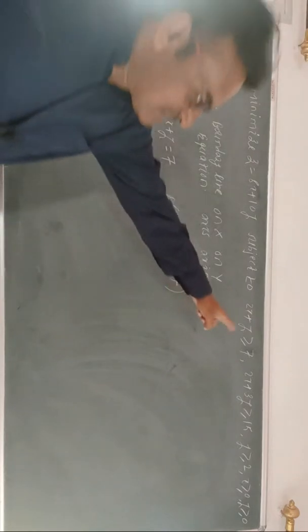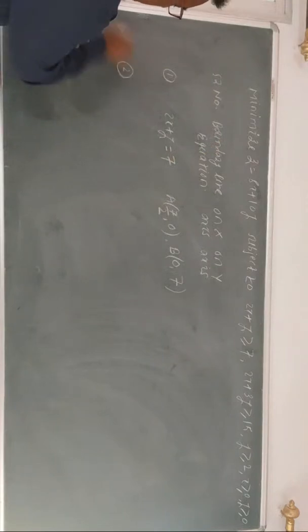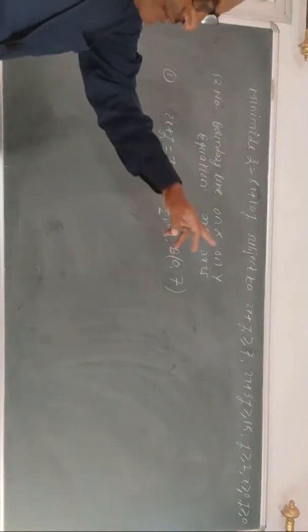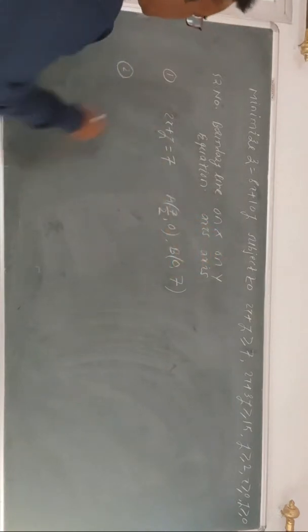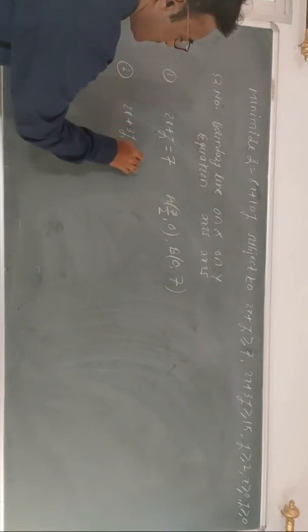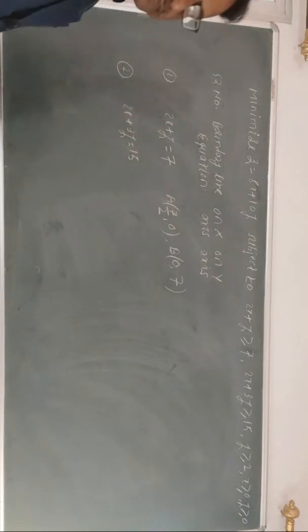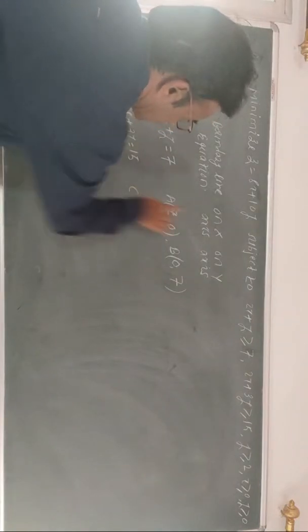Similarly, we write the next boundary line equation. The second boundary line equation is 2x plus 3y equals 15. So we write 2x plus 3y equals 15. Therefore we find the point on the x-axis.